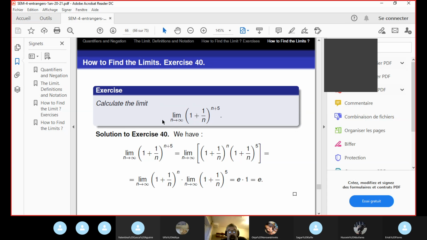I have the limit of something to the power n + 5. So it will be the limit as n goes to infinity of (1 + 1/n)^n multiplied by (1 + 1/n)^5.